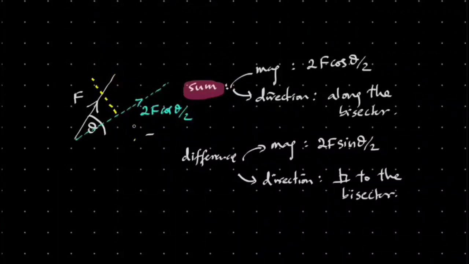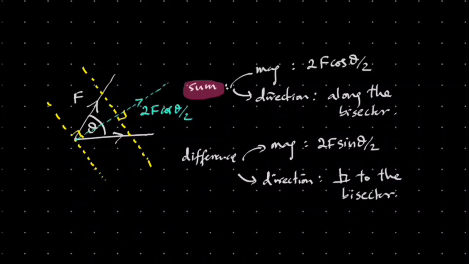This time I'm only talking about the direction, not the line of action, and we have discussed the difference between those. So the difference between the two vectors would be in a direction perpendicular to the bisector. You can even take it right around here. Anyways, it has to be perpendicular to the bisector.